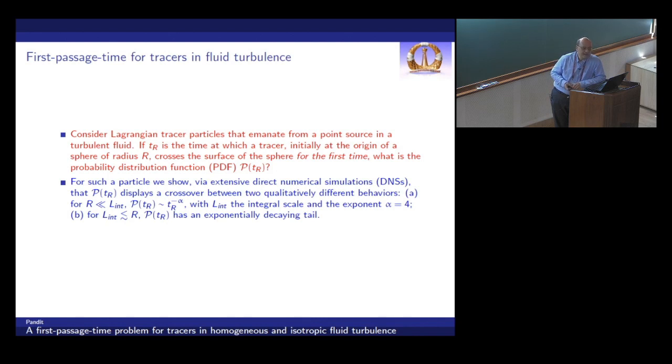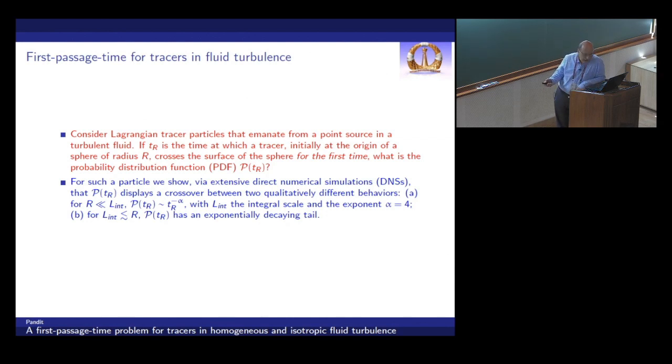And let t sub r be the time at which this tracer, initially at the origin of a sphere of radius r, crosses the surface of the sphere for the first time. Then we ask, what is the probability distribution function P of t_r? And this is obviously a first passage problem, which you heard about just now.